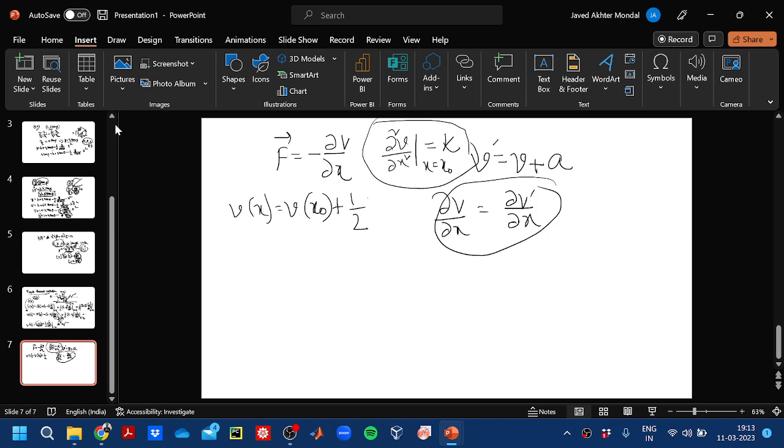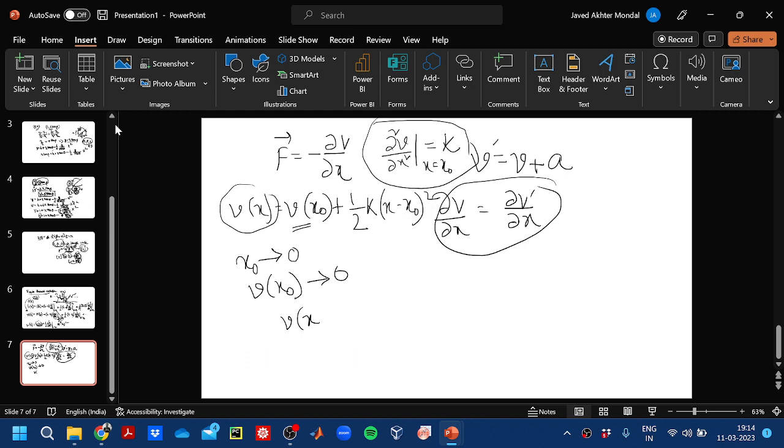If we take x0 as the reference point, that means x0 is 0, and since adding any value to the potential does not change our force equation, we can set the constant term to 0, or to any constant value, which will not affect our equation.